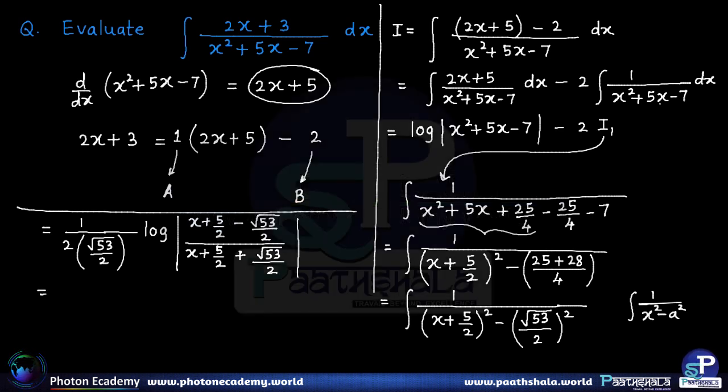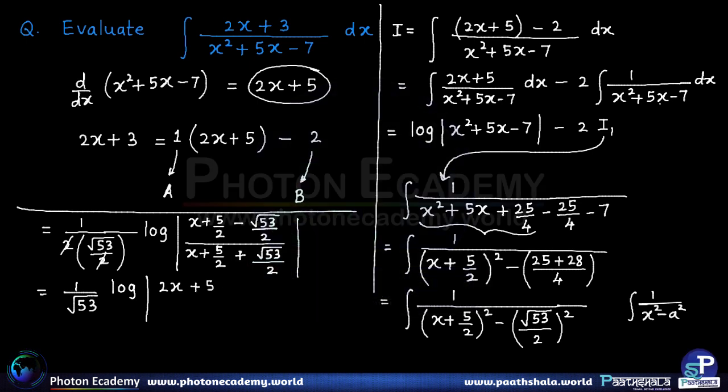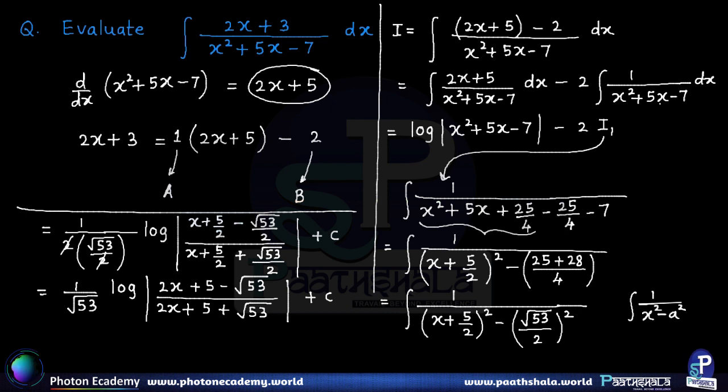So that equals, here 2 will get cancelled and we are left with 1 upon root 53 log of mod of, multiplying by 2 we have 2x plus 5 minus root 53 whole upon 2x plus 5 plus root 53 plus c, of course. Now this is the answer of just I1, alright. So we have to substitute I1 with the answer that we have got here, and that completes the final answer.